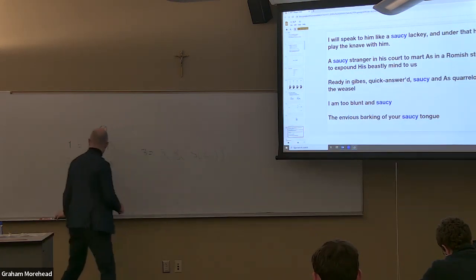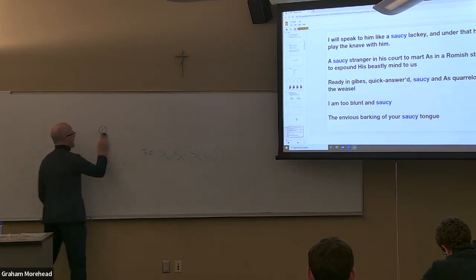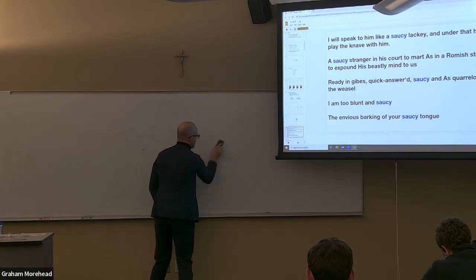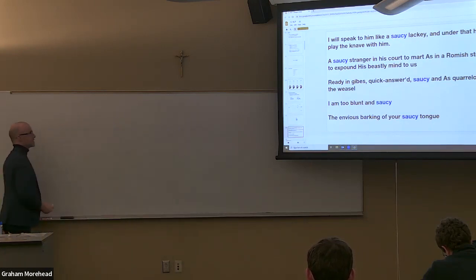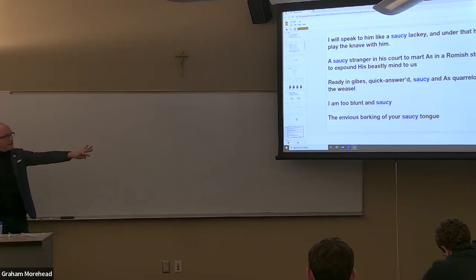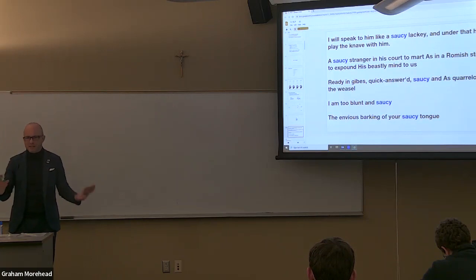So let's say we did this for a giant body of text, maybe just all of Shakespeare. We've had all the words of Shakespeare, and we want to represent saucy. First of all, we need a vector of some kind. That vector is going to have an element for every word that appears at least once in Shakespeare, or maybe you can say appears at least 10 times.